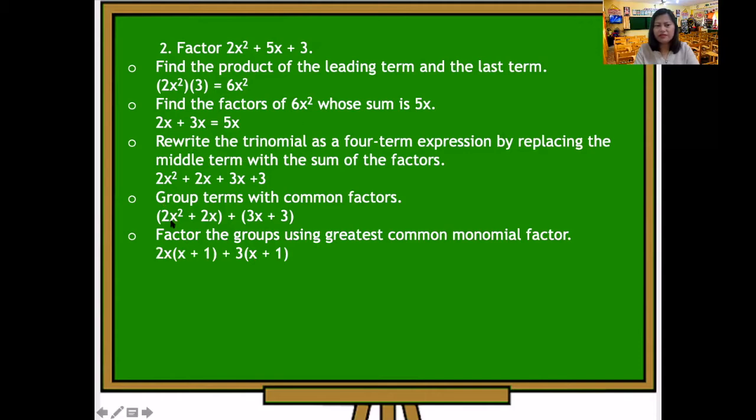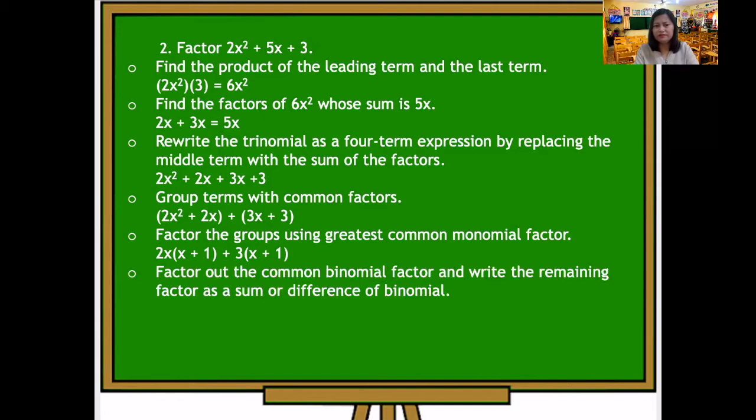So 2x squared divided by 2x is x. 2x divided by 2x is 1. Next, the second group, 3x divided by 3 is x. 3 divided by 3 is 1. Notice that we have a common binomial factor, and that is x plus 1. So we factor that out.